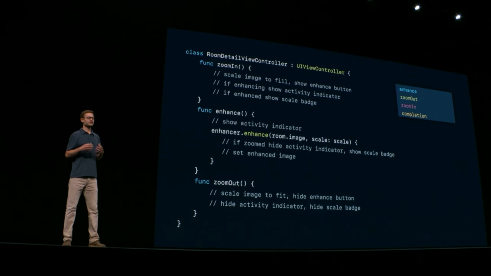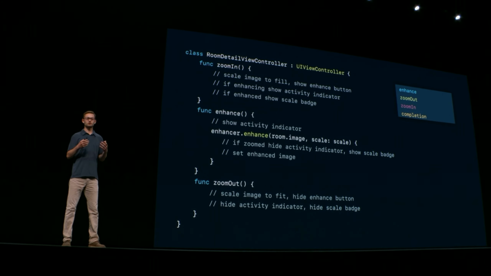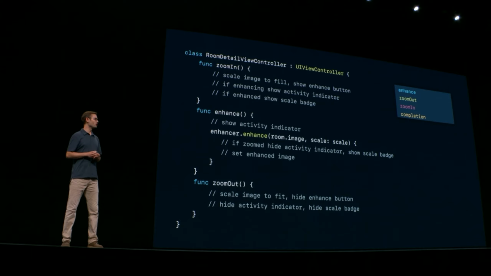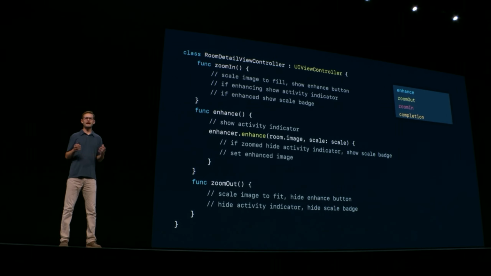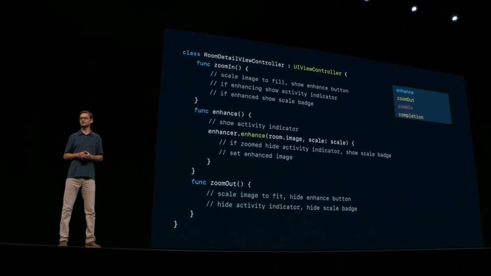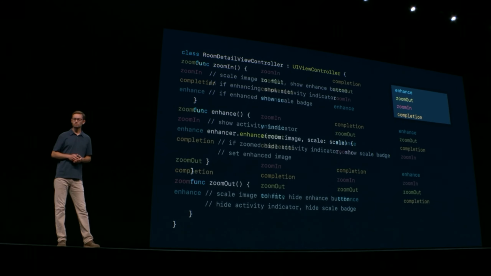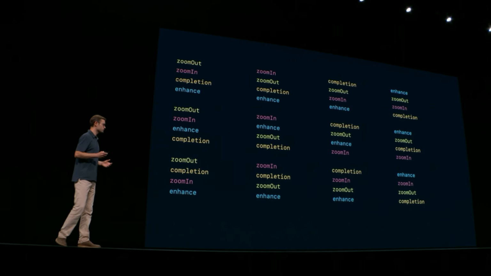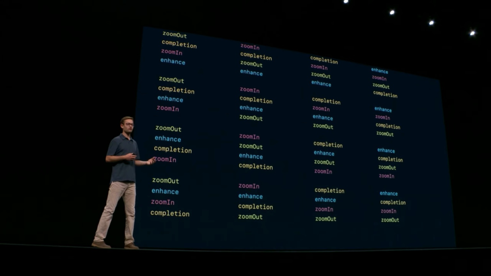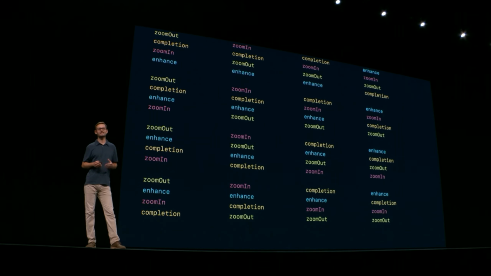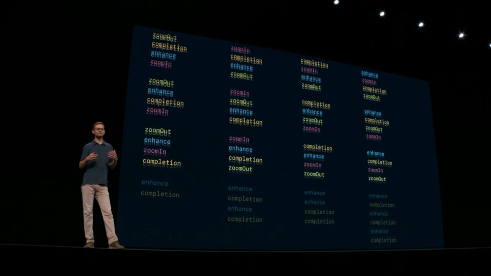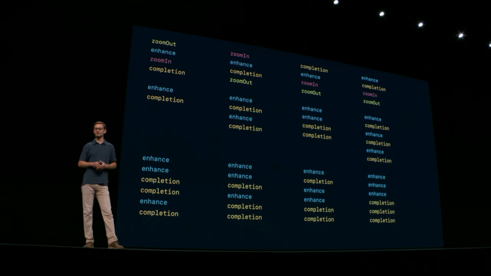The problem is that as the number of possible events our view can respond to grows, the number of unhappy paths explodes. Assume you get all 4 of these events. How many different possible orders are there that they could come in? Well, there's actually 24 different orders for any 4 events. And in practice, it's even worse than that, because every event can come in more than one time.